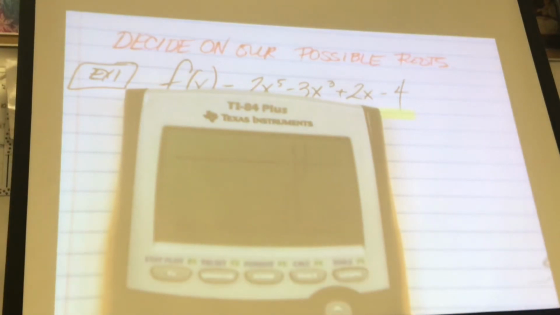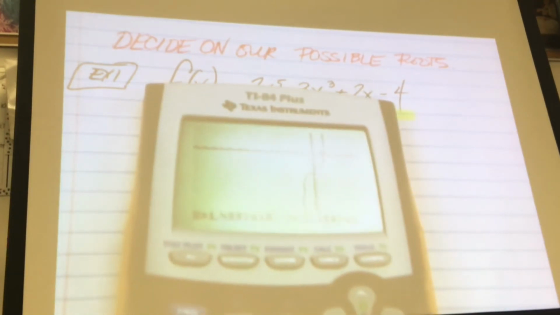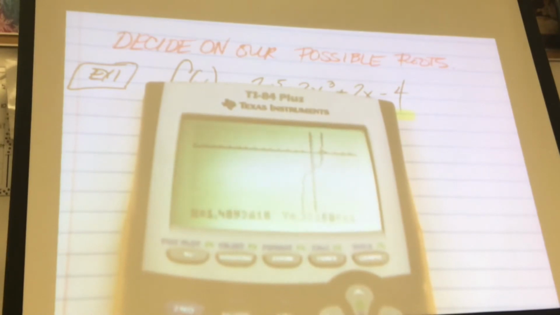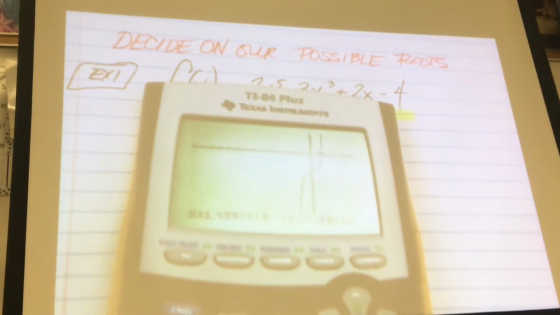All right, so you know that one of your x-intercepts is about 1.5, just by this graph.